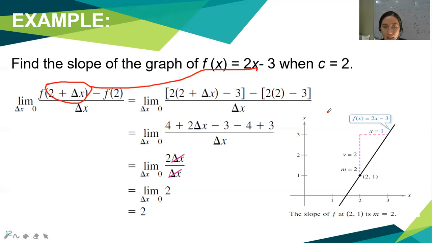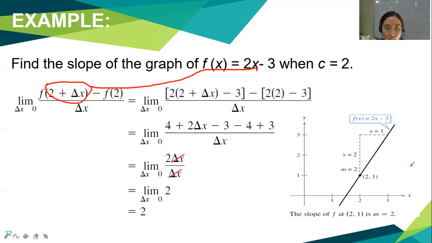So we simplify and we have 4 plus 2 delta x. 2 times 2 is 4, 2 times delta x is 2 delta x, then minus 3, minus 2 times 2 is 4, and minus times negative 3 is positive 3.